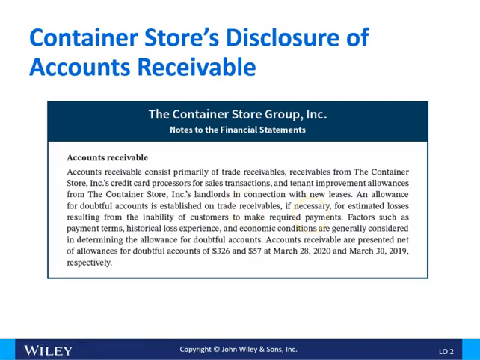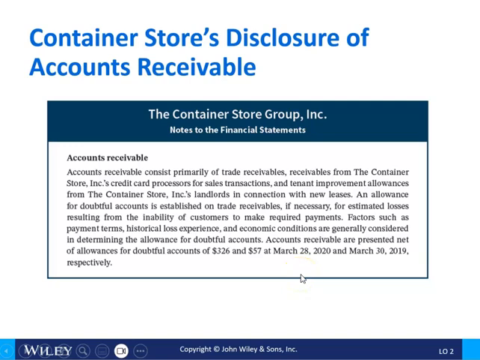An allowance for doubtful accounts is established on trade receivables if necessary for the estimated losses. Factors such as payment terms, historical loss experience, and economic conditions are generally considered. The accounts receivable are presented net of allowances for doubtful accounts of 326 and 57 at March 28, 2020 and March 30th, 2019, respectively.